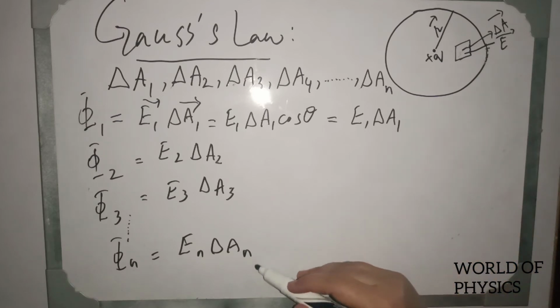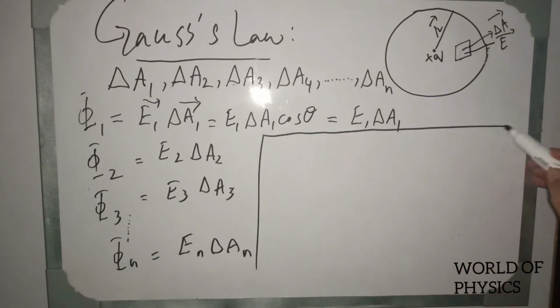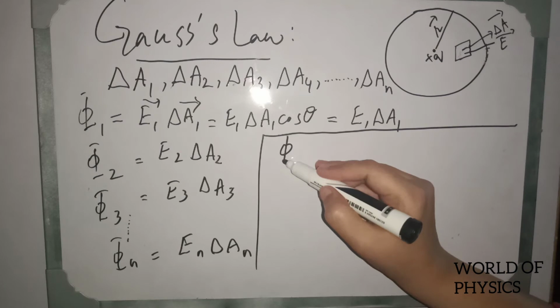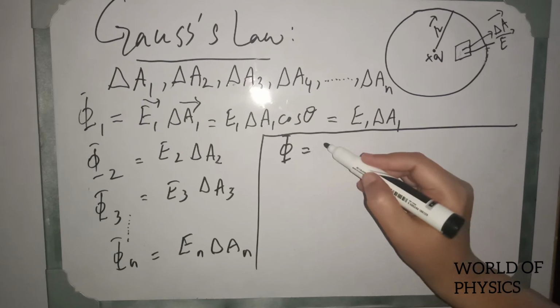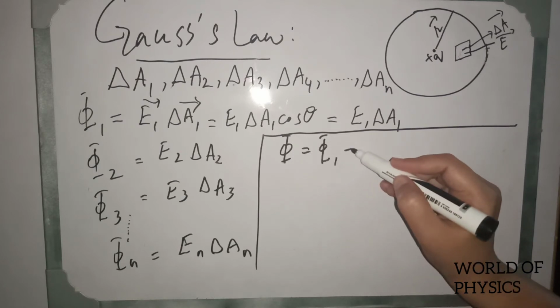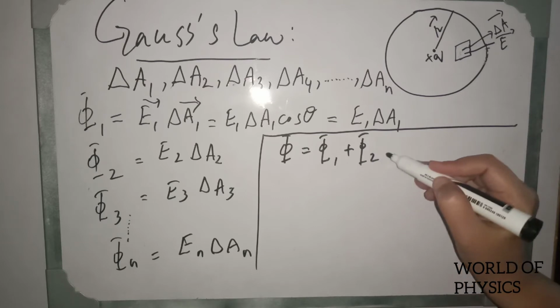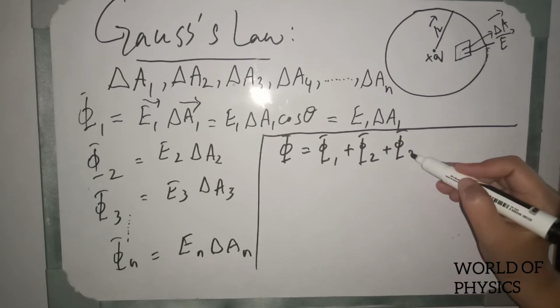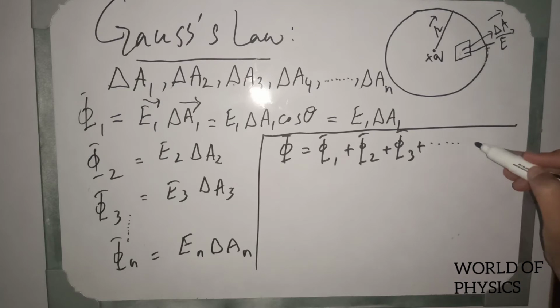Now we have to calculate the total flux passing through these surfaces, so we need to add all these fluxes. So phi is equal to phi 1 plus phi 2 plus phi 3 plus dot dot dot plus phi n.